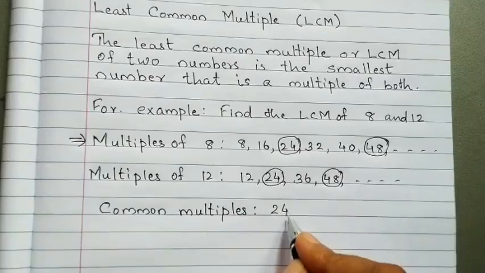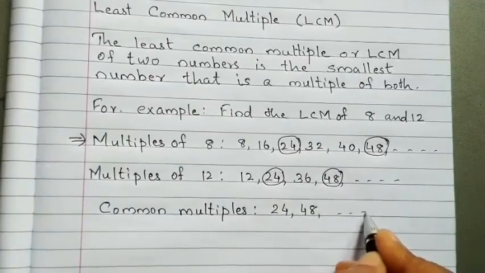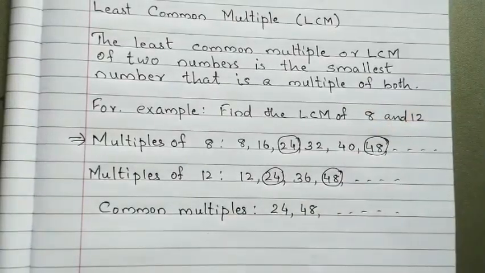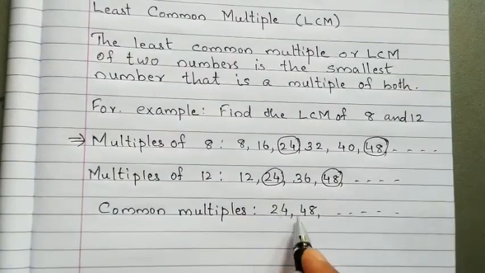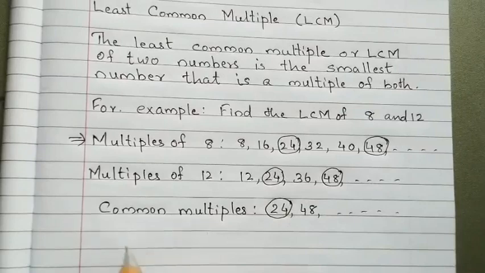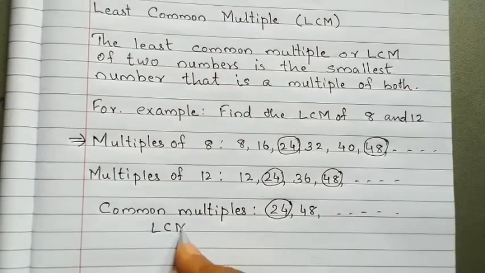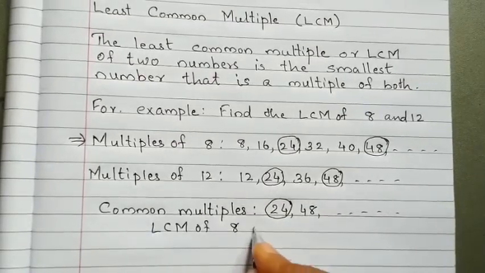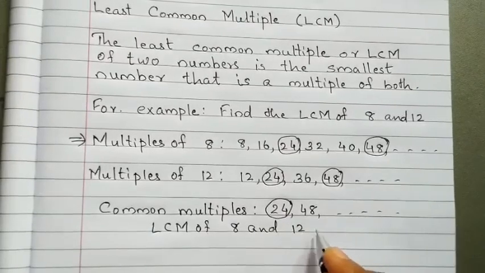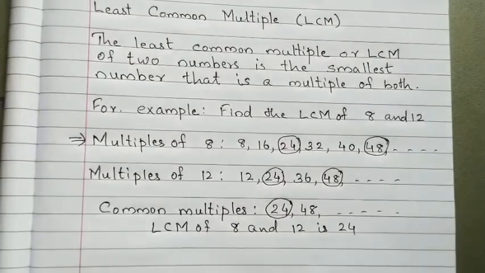So 24, 48. If you write more multiples, you will find more common multiples. And the lowest or the least among these common multiples is 24. So you can say LCM of 8 and 12 is 24.